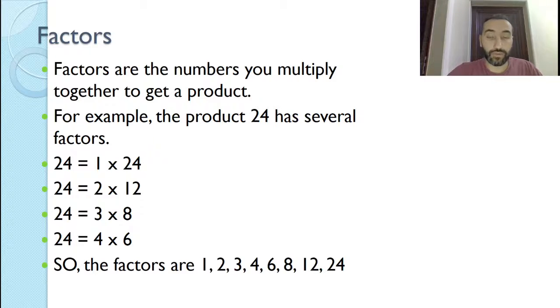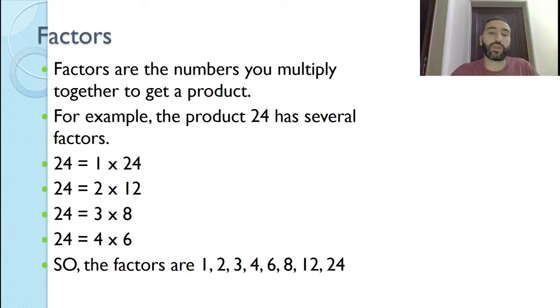For example, the number 24 has several factors: 24 equals 1 times 24, 24 is 2 times 12, so you think about two numbers that multiply together to get 24. 1 times 24 is 24, 2 times 12 is 24, 3 times 8 is also 24, 4 times 6 is also 24, and 5 times nothing gives 24.